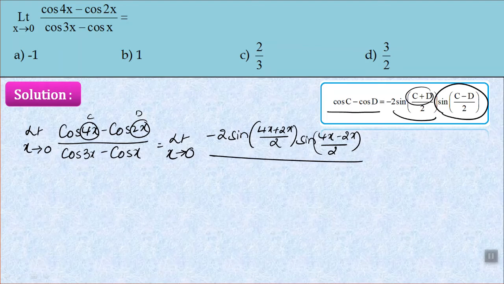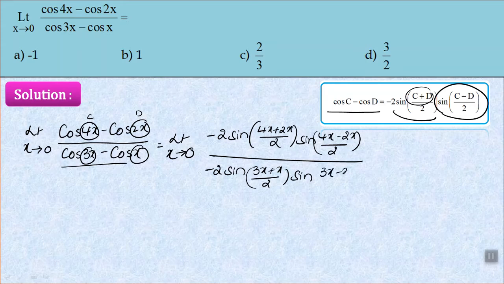Divided by, in the denominator also the same formula can be applied. Minus 2 into sine, here c is 3x, d is x, (3x plus x) divided by 2, into sine of (c minus d), that is 3x minus x divided by 2. Here minus minus get cancelled, 2 gets cancelled.